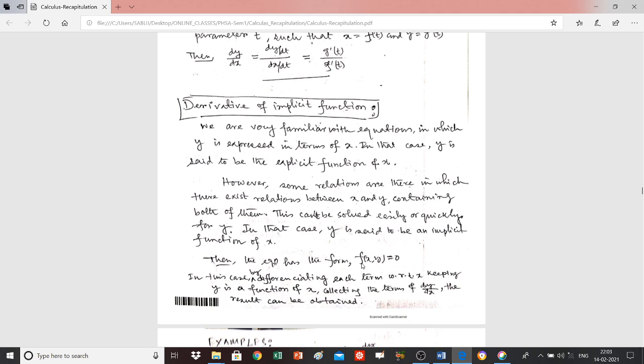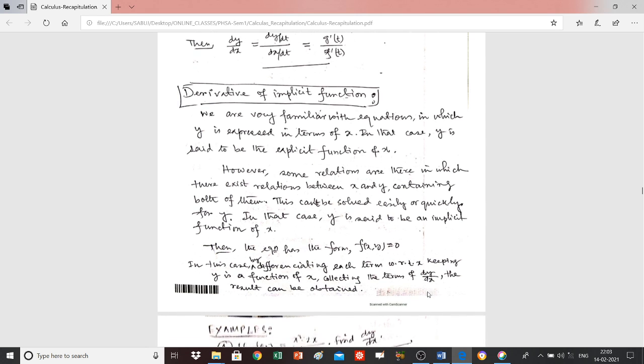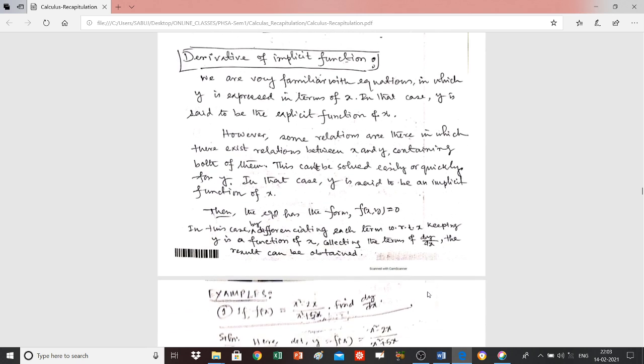Then differentiate this expression, both terms containing x and y, with respect to x, considering y as a function of x, then collect the coefficients of dy by dx, and in this way you can find the derivative of y with respect to x. That will be done in some examples.